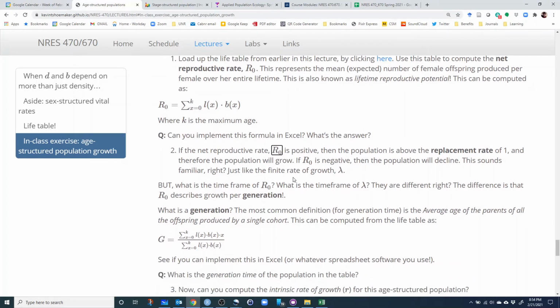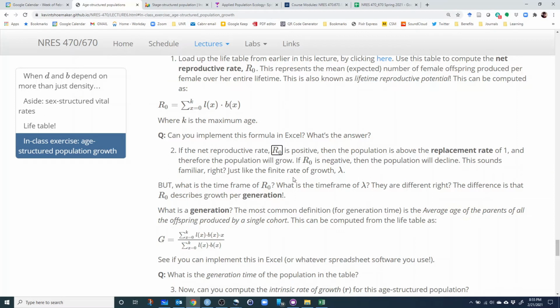But the difference between the lifetime reproductive potential and lambda is the time frame. Lifetime reproductive potential is essentially on the scale of the generation time. Can a female reproduce herself in a lifetime throughout her entire reproductive years? It's not on the scale of a single time step.